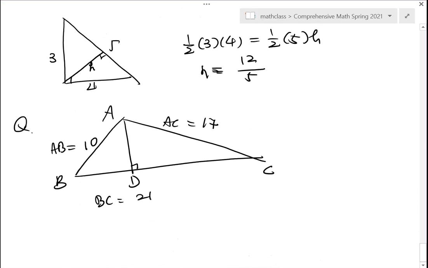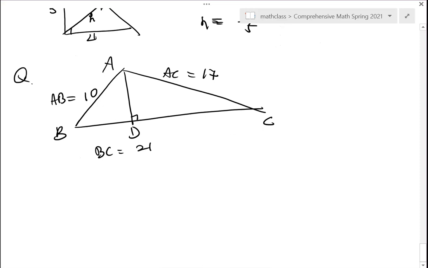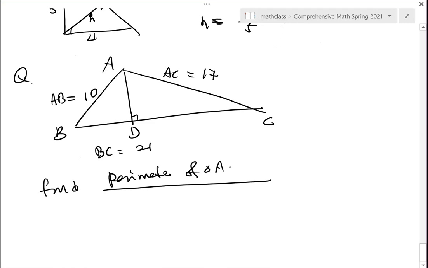I want to find the ratio of the perimeter of triangle ABD to the perimeter of triangle ADC.